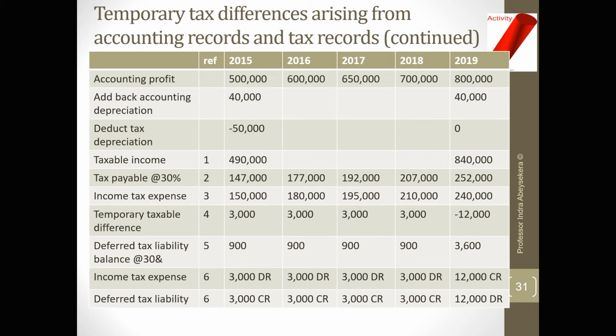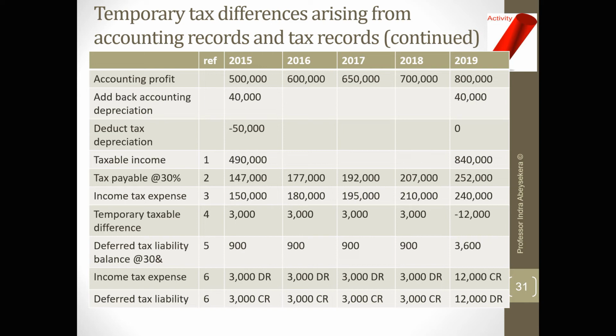So I've shown here, using the references, the calculations that are required and worked them out for you: the taxable income and the tax payable, then the income tax expense, the temporary taxable difference, the deferred tax liability, and then the journal entry for income tax expense and deferred tax liability.